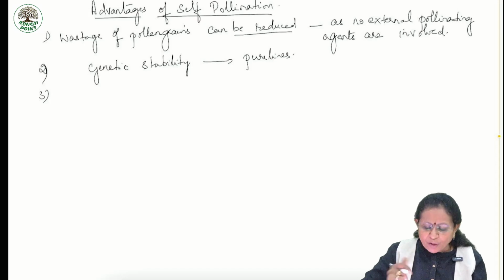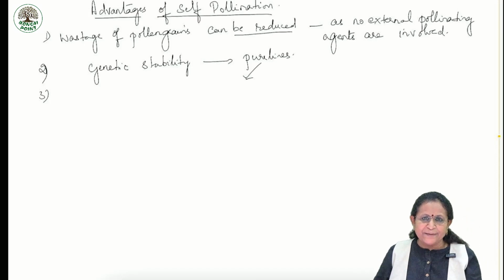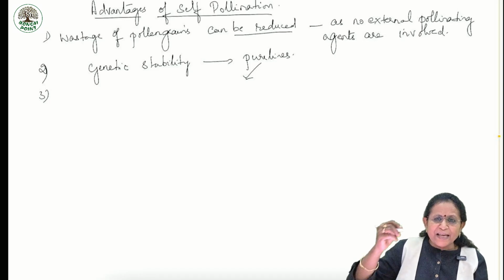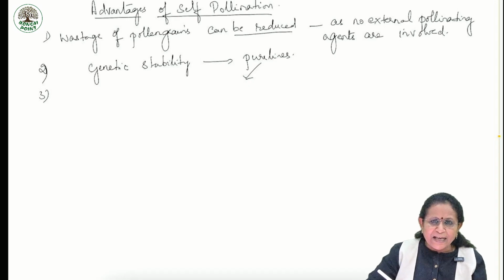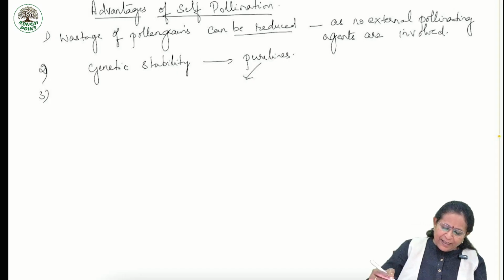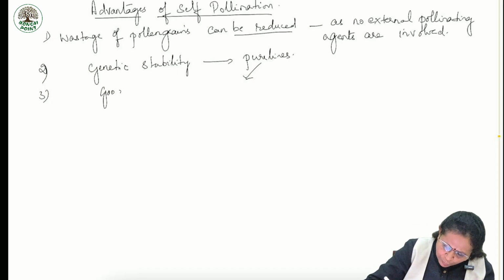Okay, what's the third point? In relation to the pure lines we are discussing. That means what? When I say pure lines and that genetic stability is being maintained, imagine that there is a plant with all good qualities.